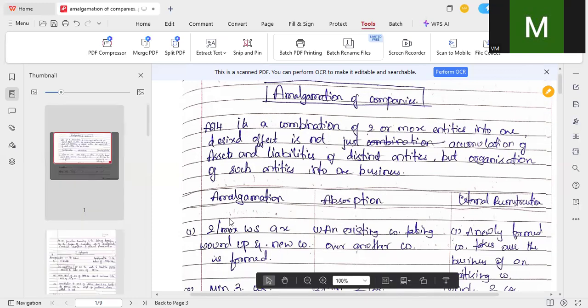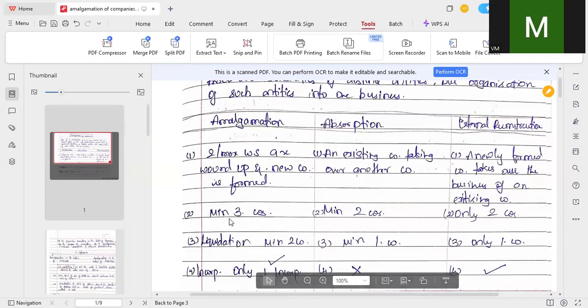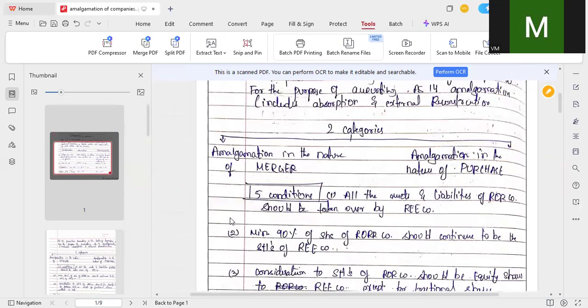And we saw the differences between amalgamation, absorption, and external reconstruction. In amalgamation, two or more companies are involved. It should have a minimum of three companies, liquidation of a minimum of two companies, and incorporation of only one company. The two categories of amalgamation are amalgamation in the nature of merger and purchase.